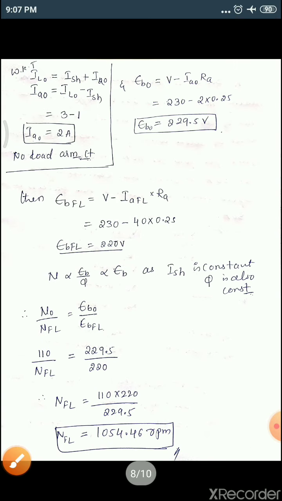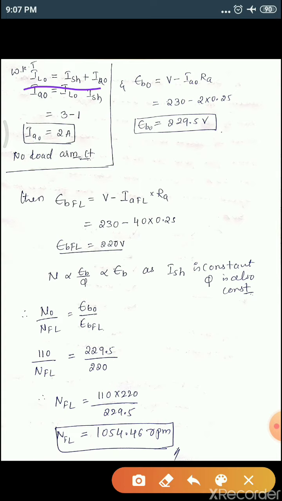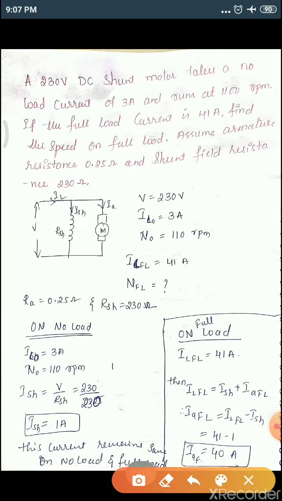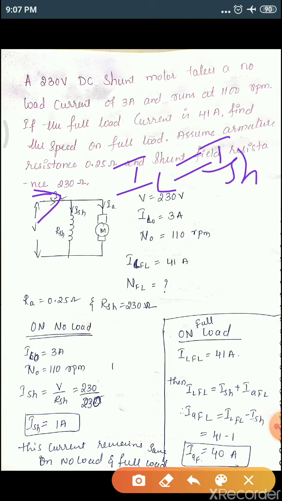Then on no load only we are speaking. What is the no load current equal to? For no load or full load, what is the formula for IL? IL will be equal to Ish plus Ia, right? This formula we are supposed to use.